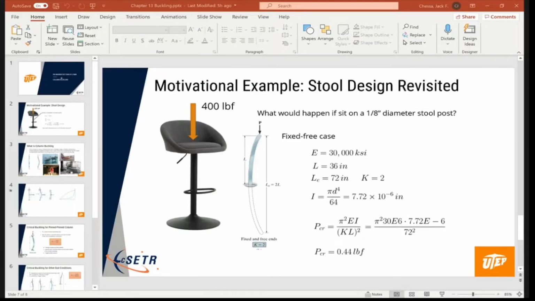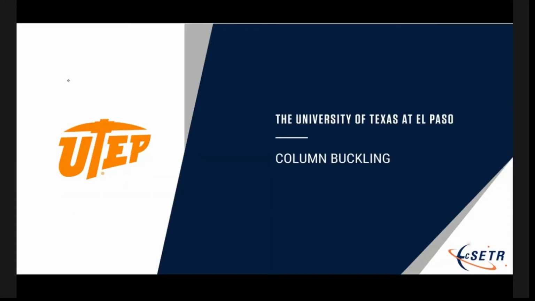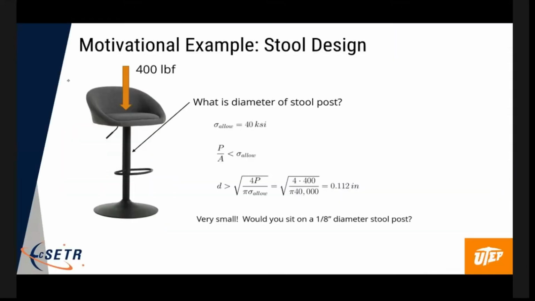Let me do my multitude of clicks to get this to work. All right, so this is chapter 13. It's column buckling. And this is kind of a good example, right? I should have the reveal on this.